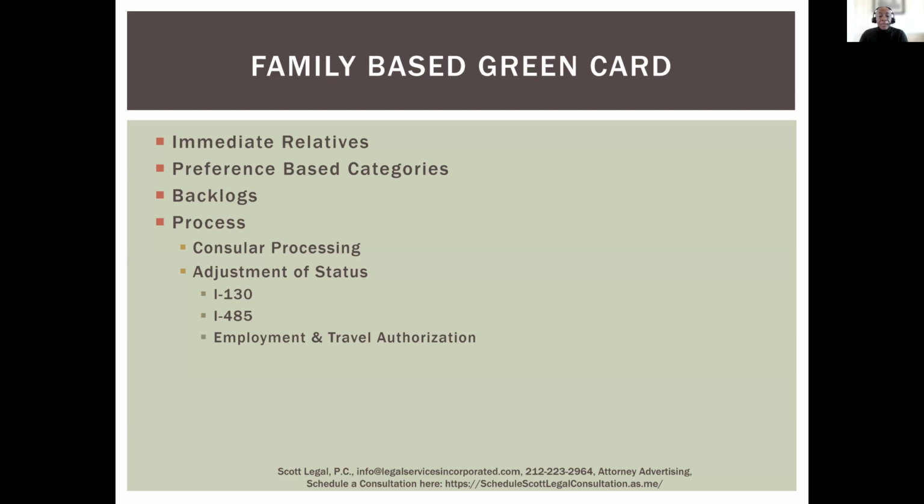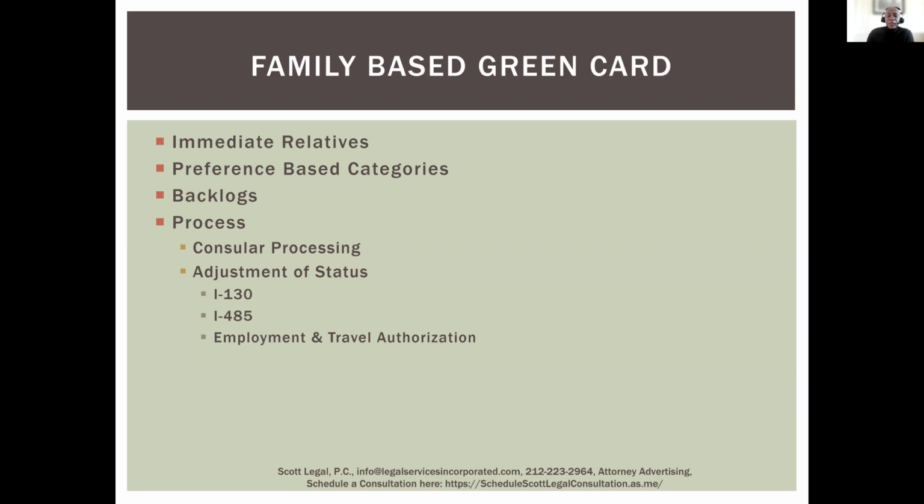We'll get to those. The second step is either doing what's called an adjustment of status or what's called consular processing. If you're in the United States, you can be eligible to do adjustment of status, and the benefit of that is that you can also apply for employment authorization and travel authorization, such that you can stay in the United States while the petition is pending. For the family-based petition, it's always going to be the I-130 that's filed.